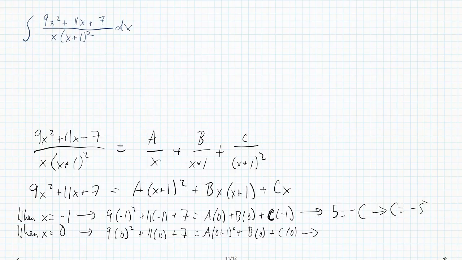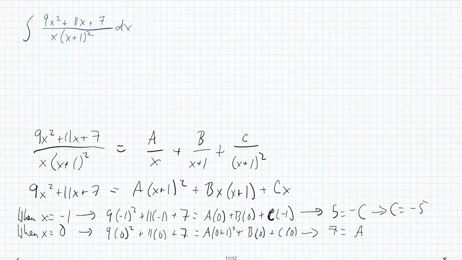Keeping that in mind, this makes 7 equals A times 1 squared, so it equals A, and that's our solution for that part.